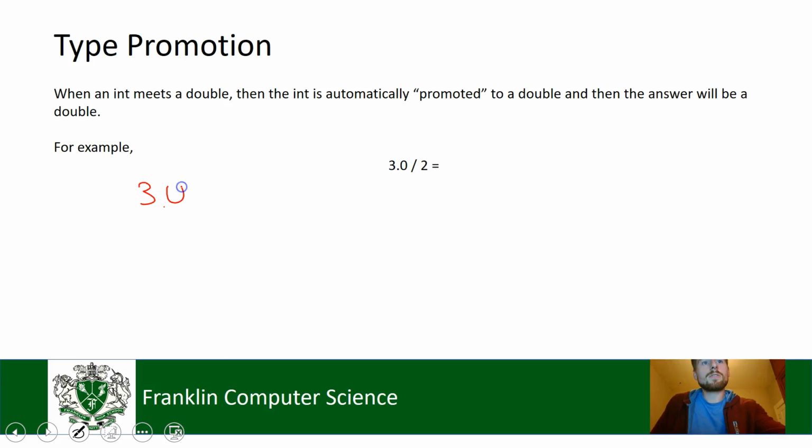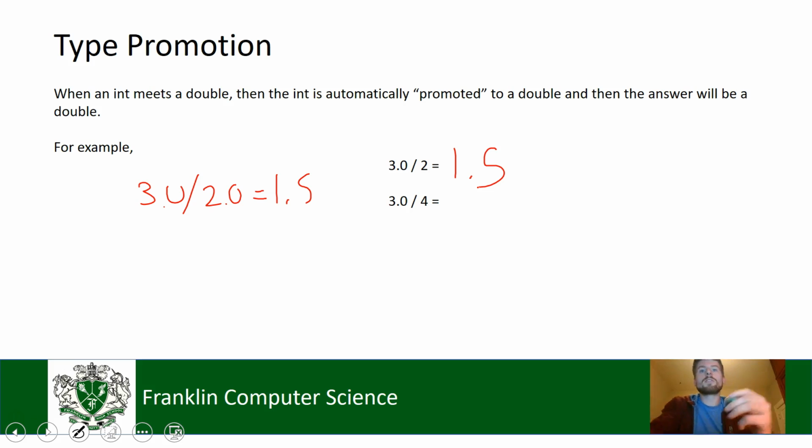So this is basically 3.0 divided by 2.0, which is going to behave as you expect. It's going to get you 1.5. 3.0 divided by 4, same idea. That would be 0.75, because that 4 gets promoted to a double, and then you do double math.